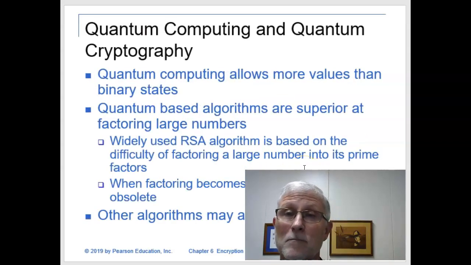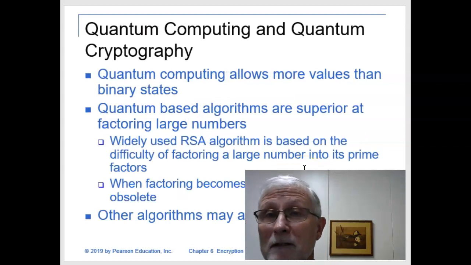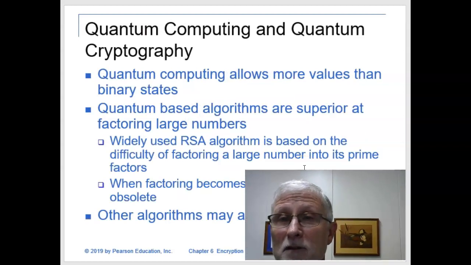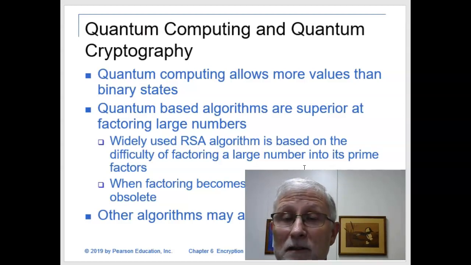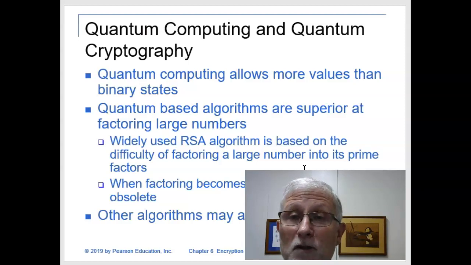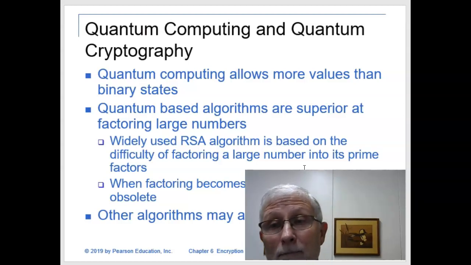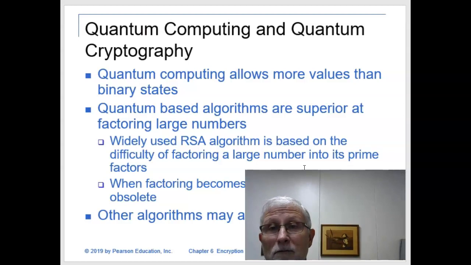But now the latest method is quantum computing. I've posted a couple of links with more information on quantum computing, or at least what it is. Right now you're used to computers being 1s and 0s, binary. Well, quantum computing allows for more than just 0 and 1. Quantum-based algorithms are superior at factoring.